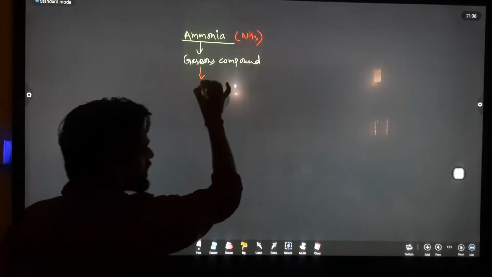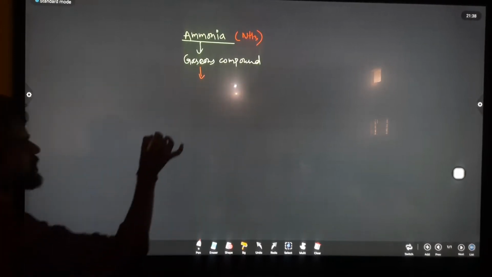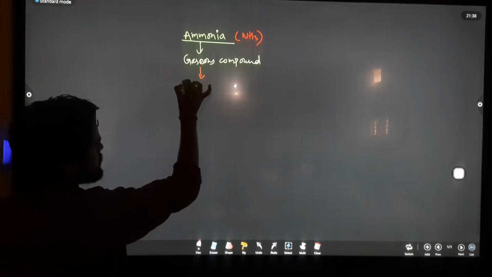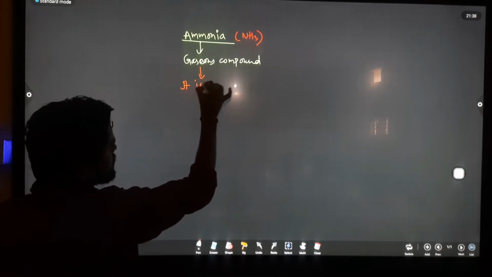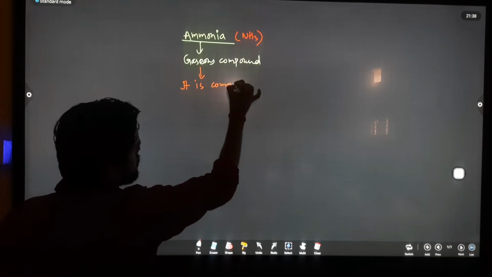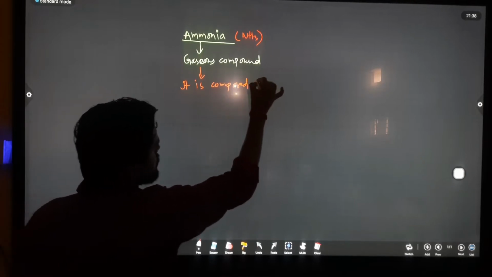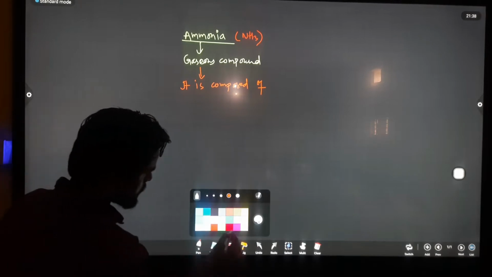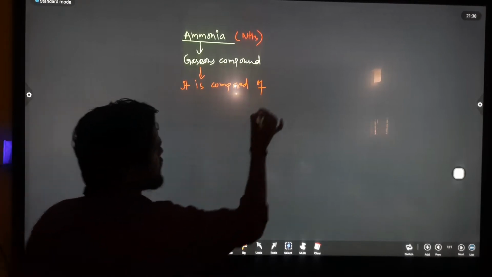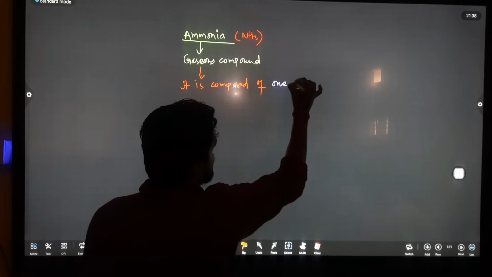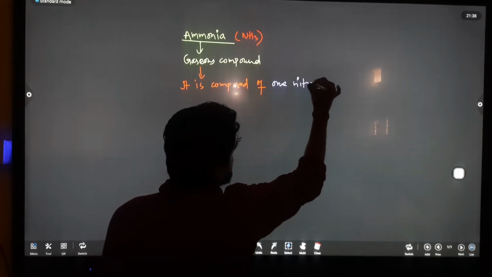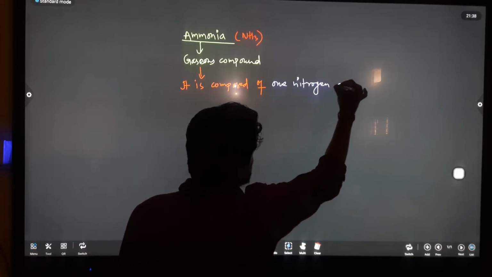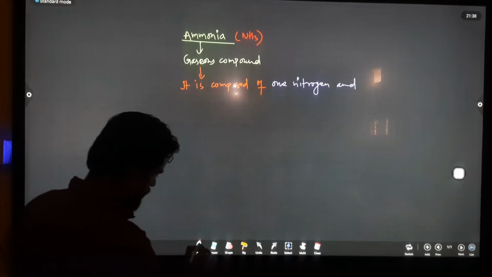We can see clearly how many nitrogen? One nitrogen. It is composed of one nitrogen and three hydrogen.